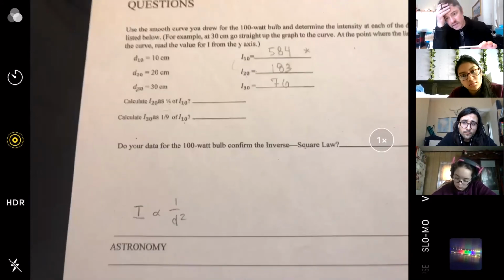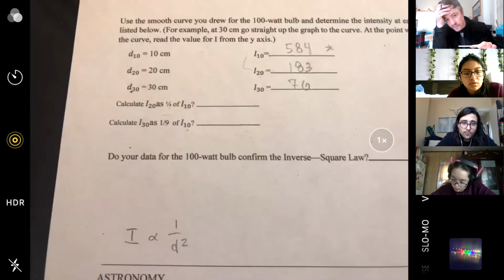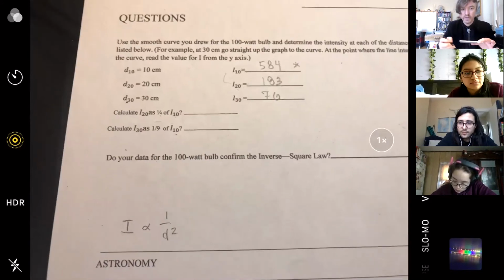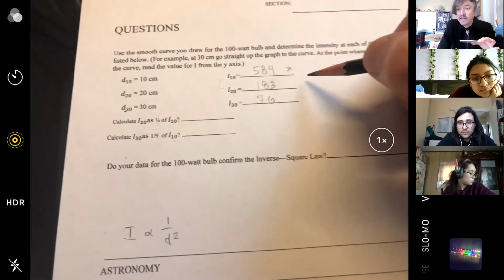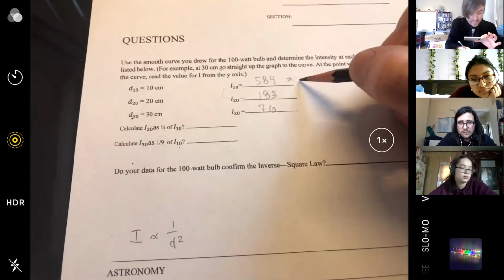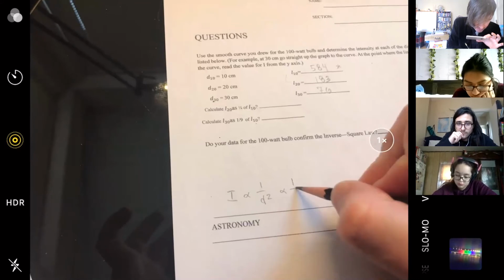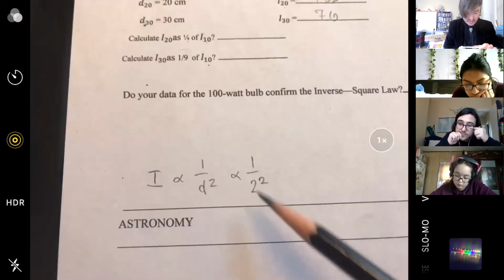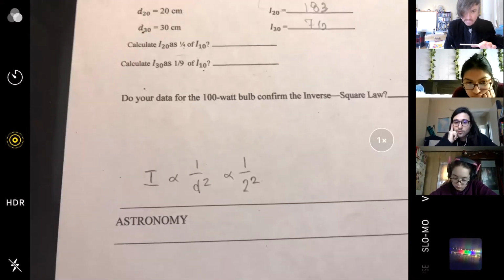Does anyone understand what I'm saying? I feel like you guys don't understand me. I'm a little lost. You changed the distance by 10 centimeters, right? That's if you subtract it, but by what factor means how many times did I change it? 2 times. So what should the inverse square law predict? If I double the distance, what should happen to the intensity? Go lower.